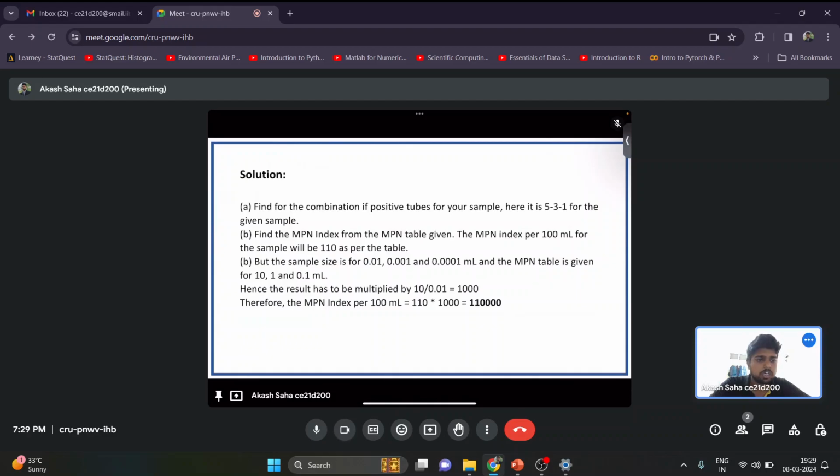So the order difference is 10 by 0.01, which is 1000. So we simply multiply the MPN index. I hope it's understandable to all of you. So the final answer is 110,000 per 100 ml. This is the answer.